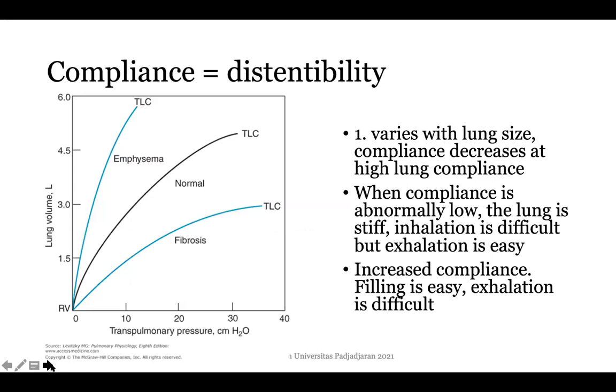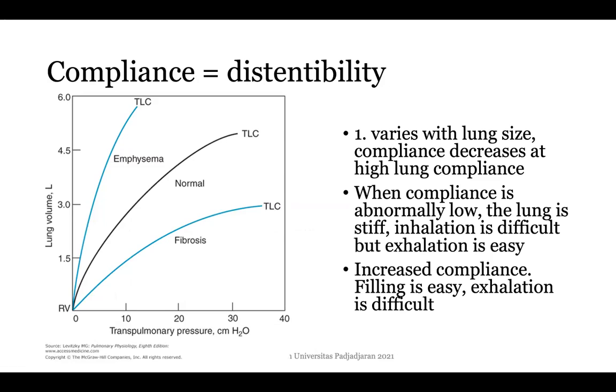So we're going to use this diagram to look at lung compliance, the relationship between pressure and lung volume. Compliance is also called distensibility. This diagram has transpulmonary pressure on the x-axis and lung volume on the y-axis.